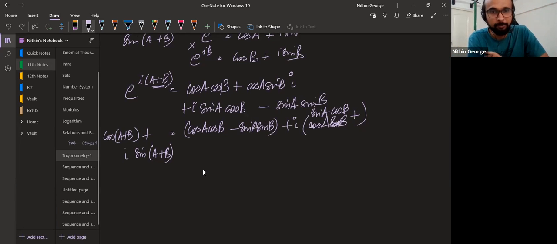Here I have one complex number equal to another complex number, so I can equate the real part and the imaginary part.